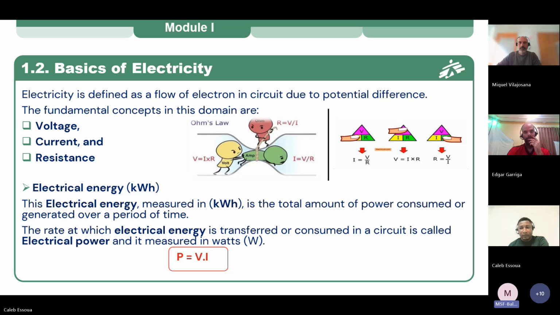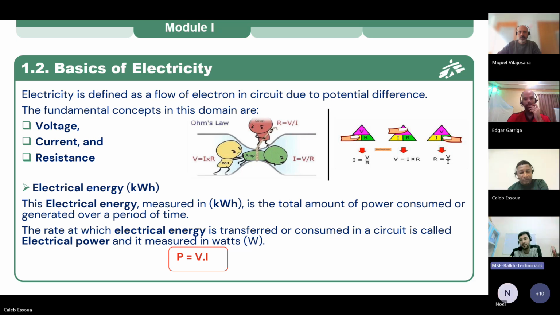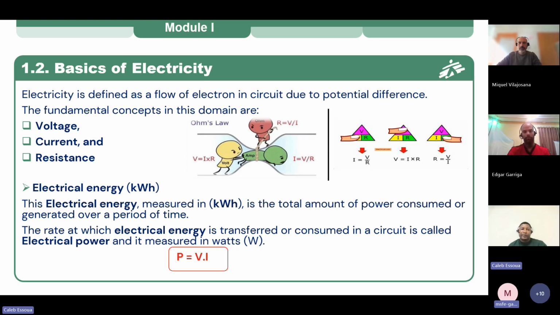Electricity is the flow of current in a conductor, or the flow of charge in a conductor. We call that electricity. Anybody else? It's the flow of electrons that carries energy.